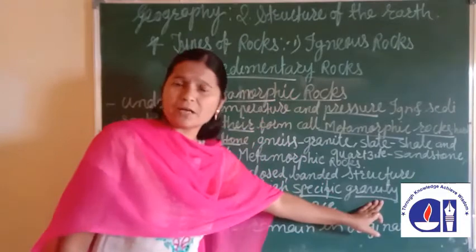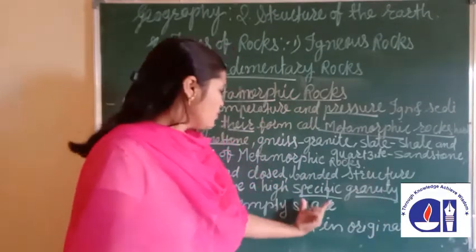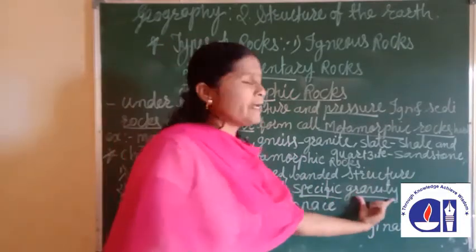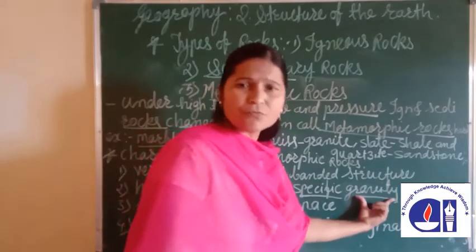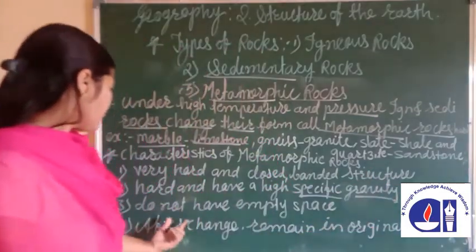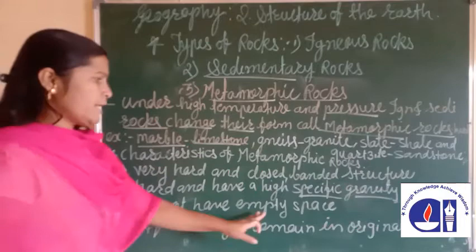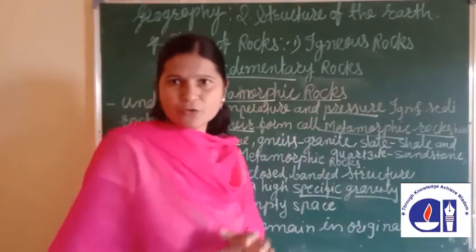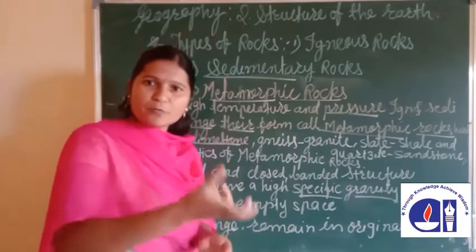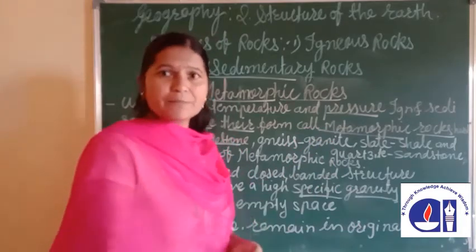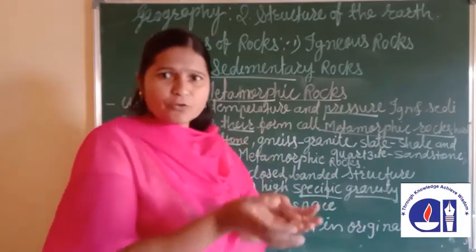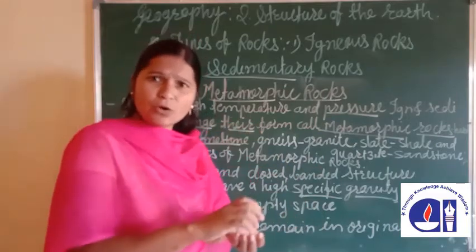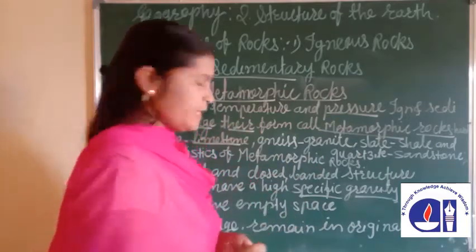This is also one of the features of metamorphic rock. Then they do not have empty space. If you observe metamorphic rocks, they do not have empty space. All their molecules are closed and joined together.